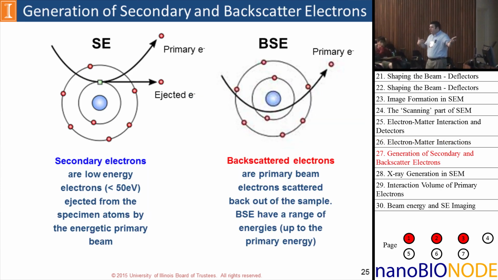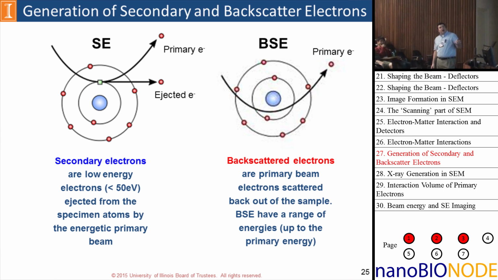So what are these things? Two ones first: secondary electrons and backscatter. A secondary electron is, by definition, a low-energy electron that's emitted from the interaction of the primary beam with typically the valence shell of the target atom that it hits.